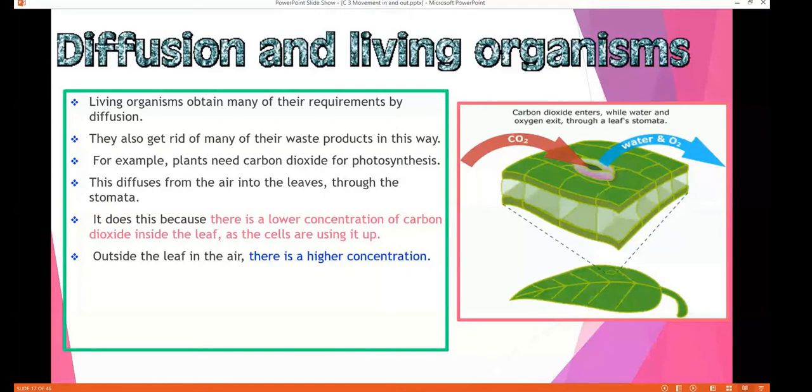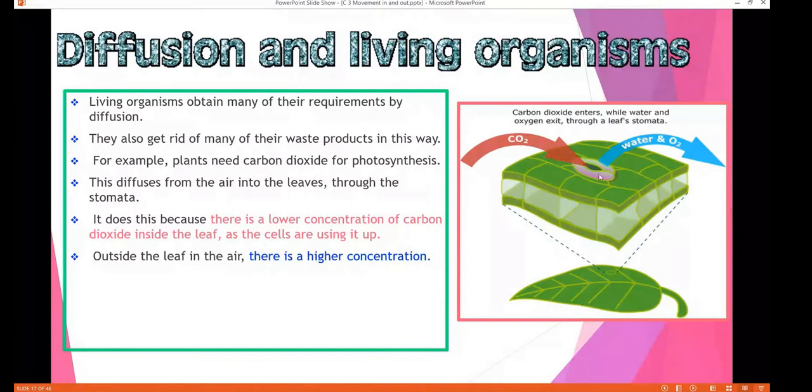Okay, great. So in this slide, you can see how the diffusion takes place in living organisms, giving an example of a plant cell. You can see in this picture, it is a leaf cell which has the stomata over here, which is the opening which allows the exchange of gases. You can see through this opening, the carbon dioxide enters the leaf, of course, by the process of diffusion, and also the water and oxygen, which are the end products of the process of photosynthesis, also leave the leaf and diffuse into the outer atmosphere.